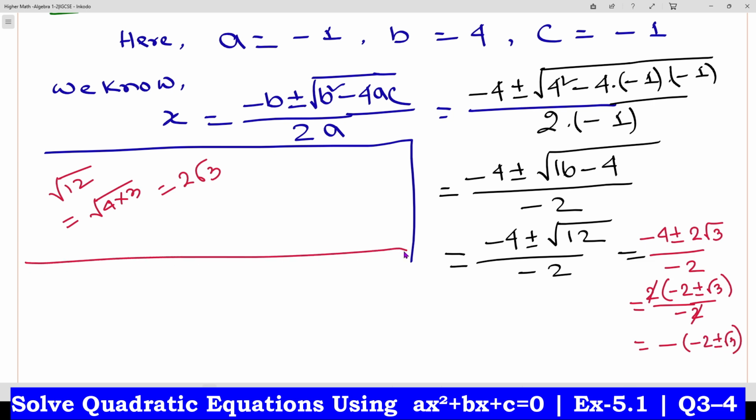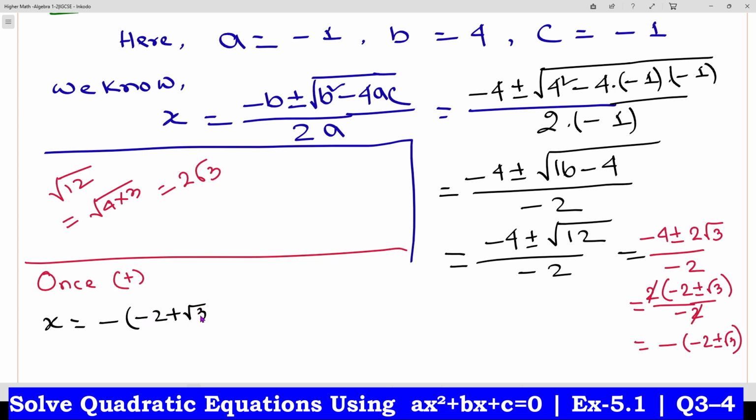So now if we consider plus, it will be x equals minus, here minus 2 plus root 3. So minus and minus 2 gives plus 2, and minus root 3.